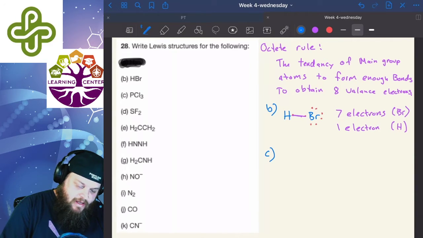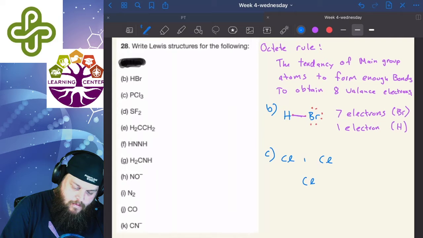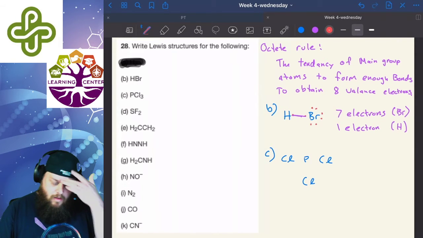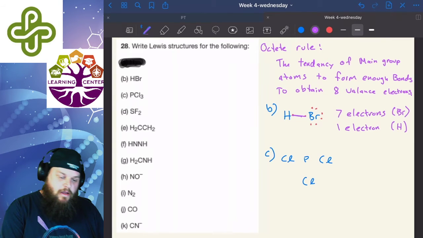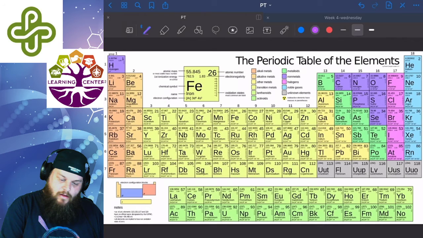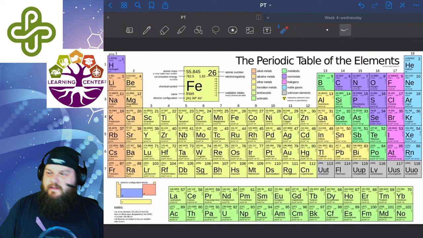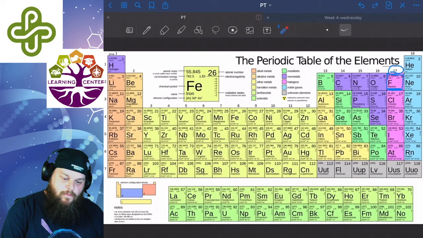For part C, PCl3, here we have chlorides, 3 of them surrounding a phosphorus. And when I look at this, I think, how many electrons does chloride need? I jump over here, chloride, which is right here, also a group 17. It's going to have 7 electrons.